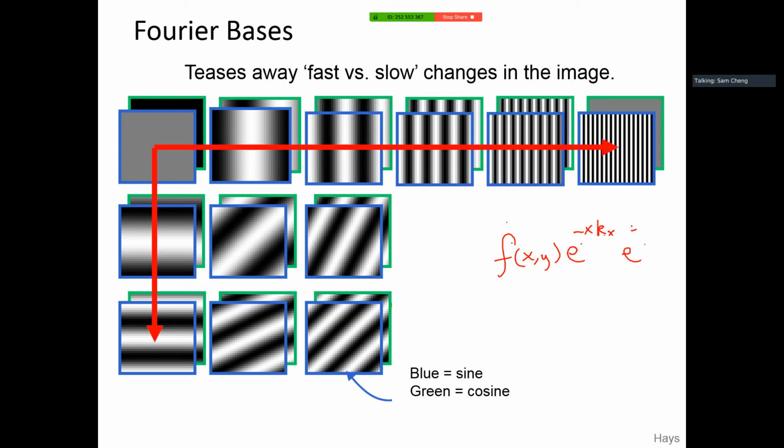It's a little bit ugly. So this is the i here, the square root of -1. This is x k_x plus y k_y. k_x is the frequency in the x component and k_y is the frequency in the y component.